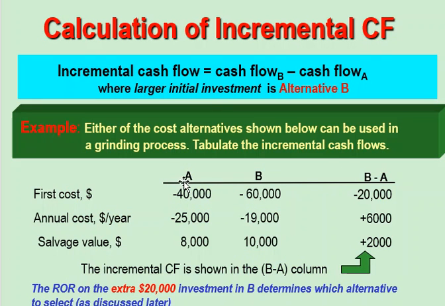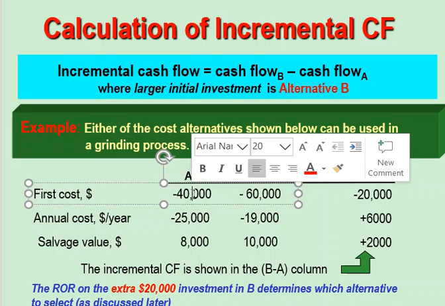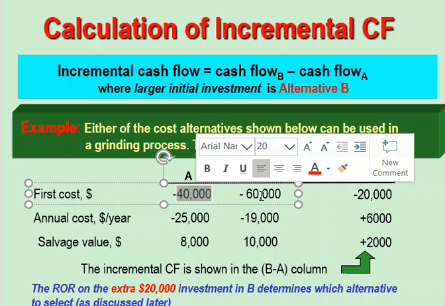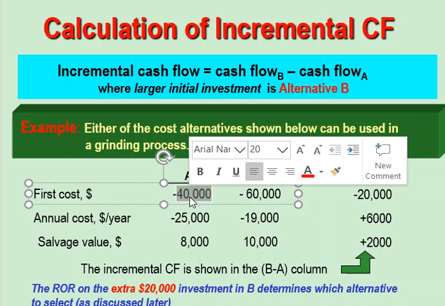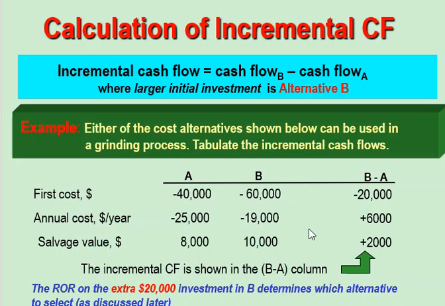So which one is less costly than the other, alternative A or alternative B? Based on the first cost, A is less costly than B. A is going to cost me $40,000. B is going to cost me $60,000.